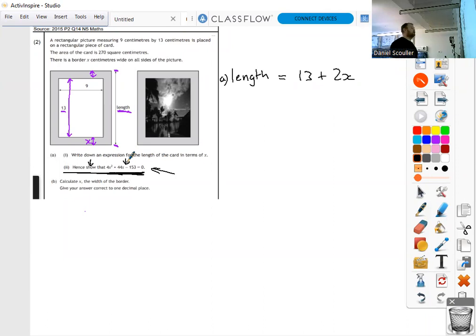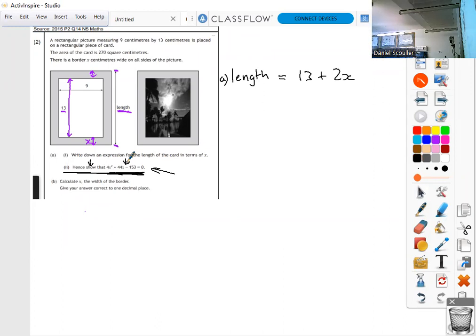A rectangular picture measuring 9 centimeters by 13 is placed on a rectangular piece of card. The card area is 270, there's a border of 1. This was a non-calculator, wasn't it?